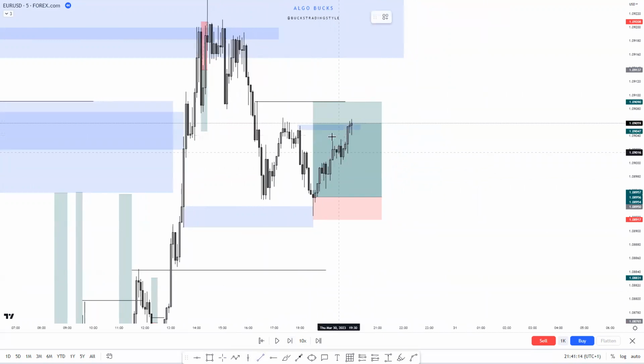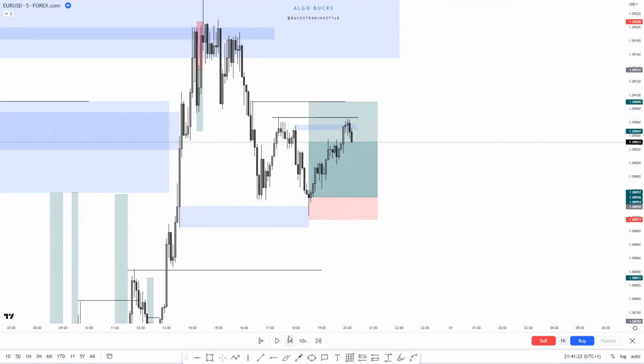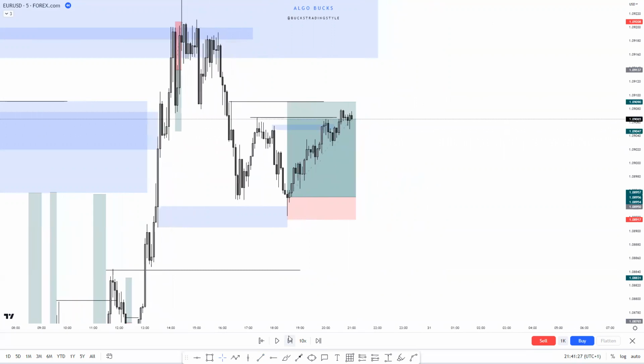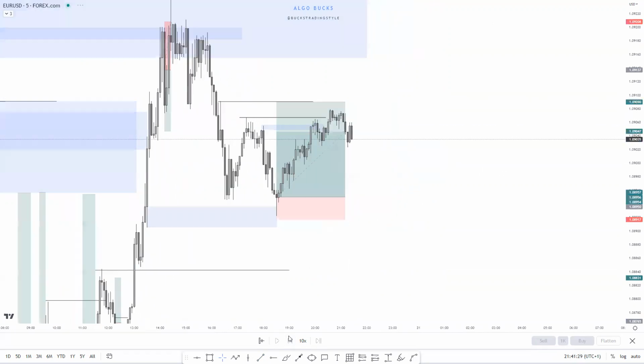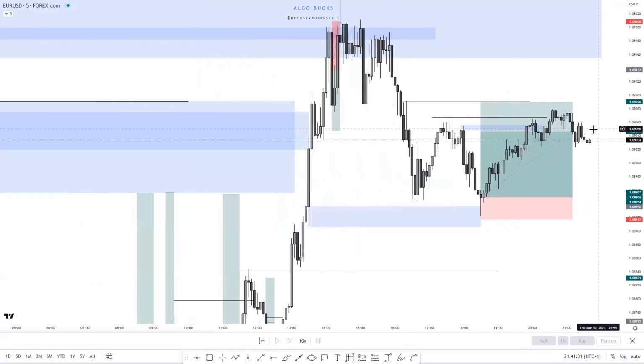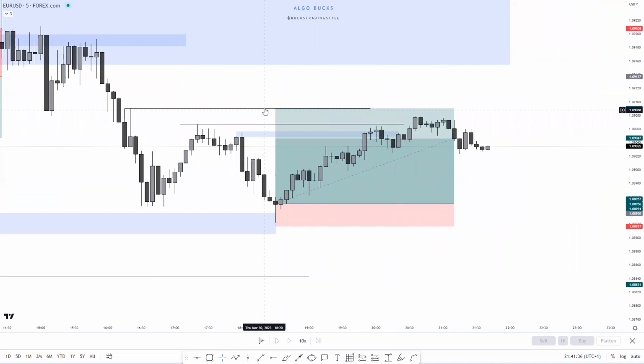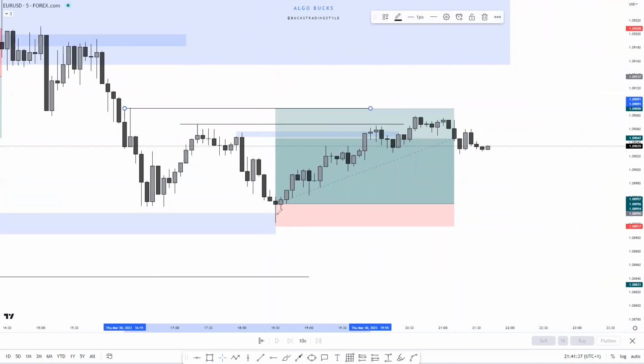Okay, so price broke through, took out the 2 SLQ, and that's still not taking this high from the 5 minute. Price had not taken out this high that would lead to the transactional liquidity.